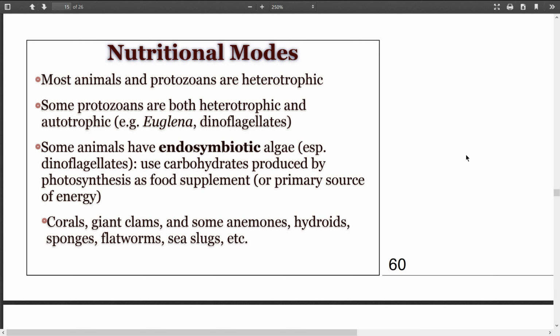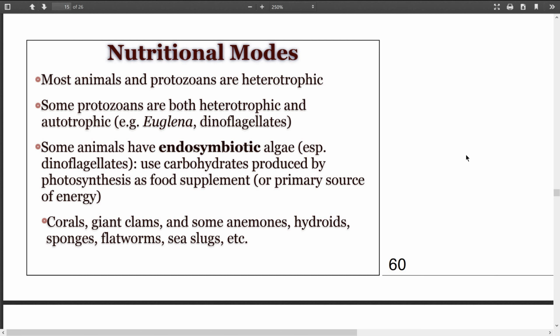We basically define protozoans as groups that are predominantly heterotrophic. If they were predominantly photosynthetic, we wouldn't consider them protozoans, we call them algae. And animals are essentially heterotrophic, although some use endosymbionts, the animals themselves are essentially heterotrophs.